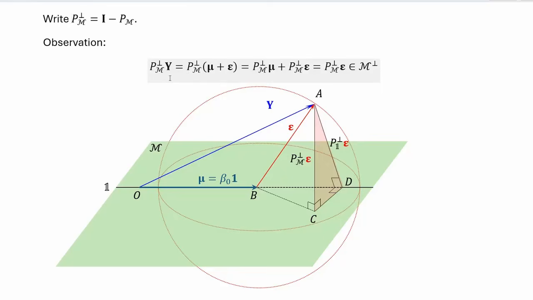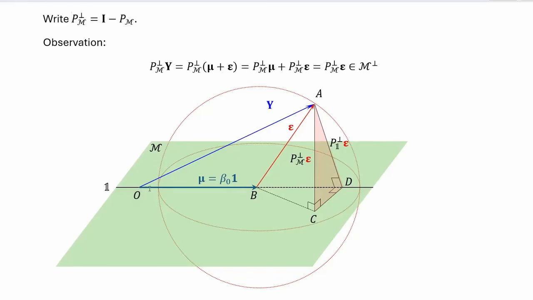This is nothing but the representation of Y, Y equals mu plus epsilon. And now by linearity, we get PM perpendicular mu plus PM perpendicular epsilon. And because mu lies in M, PM perpendicular mu is 0. So overall, we have PM perpendicular Y equals PM perpendicular epsilon, which lies in the orthogonal complement of M. That is, in the diagram, the one-dimensional space that goes along the vertical direction.